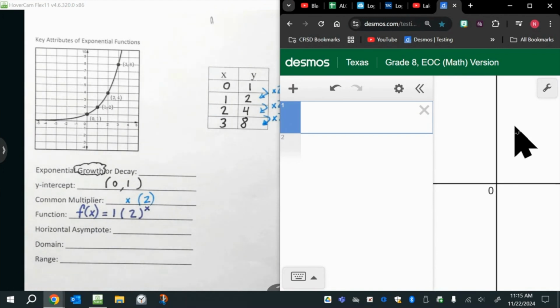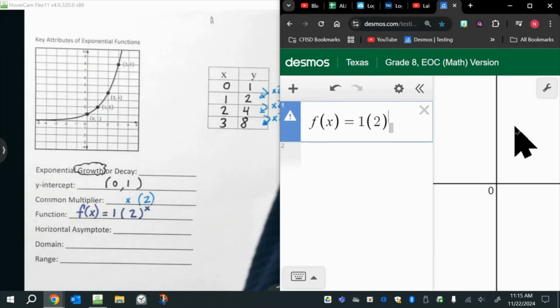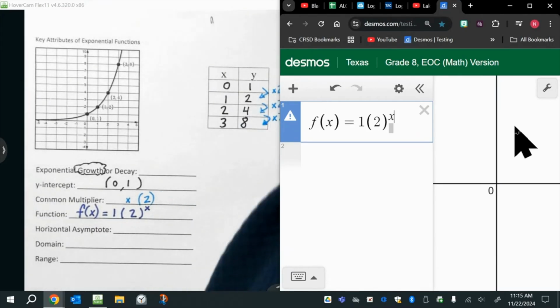So if I type this in, I should get this same function equation. So I have f of x equals 1, and then we're going to go shift 6x.